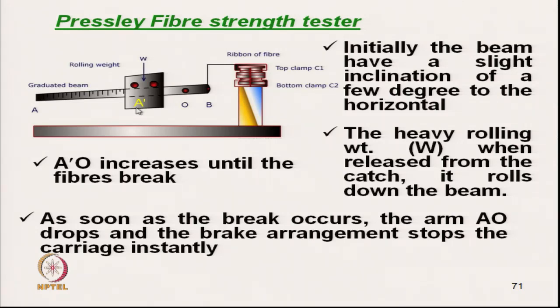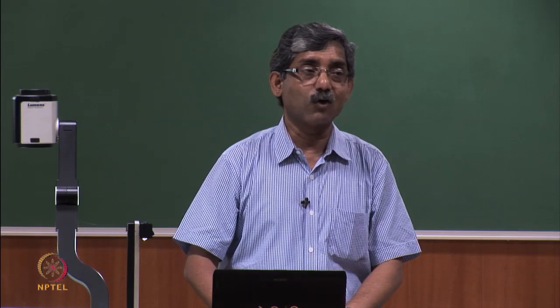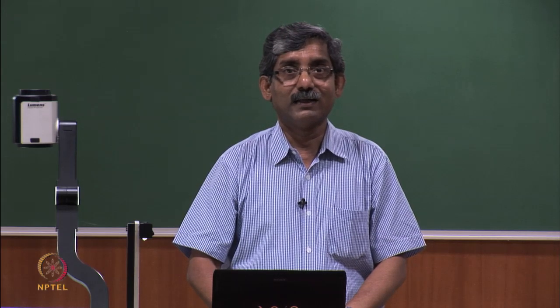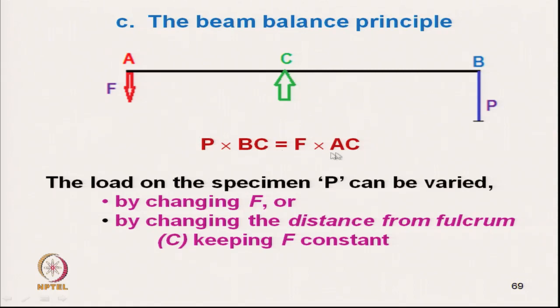So, why is it required to stop the carriage? Because otherwise it will give a wrong result. As we have seen from the earlier equation, when BC is constant and the F value is constant, P is actually measured by measuring the AC value.